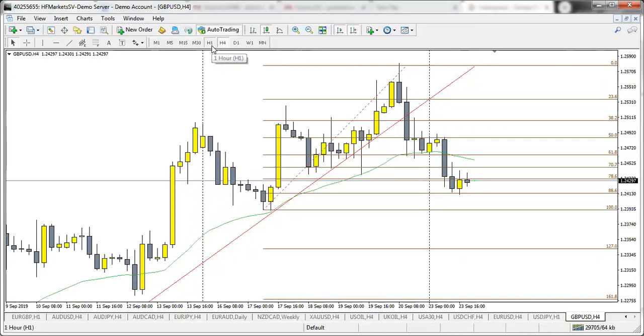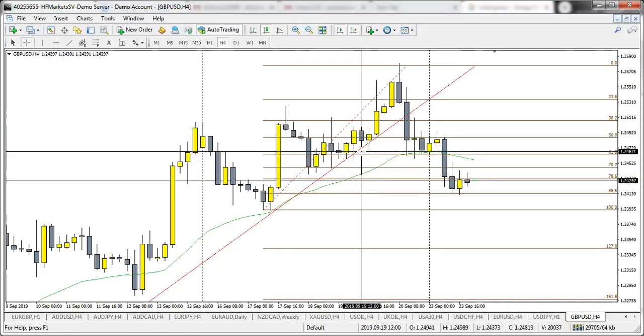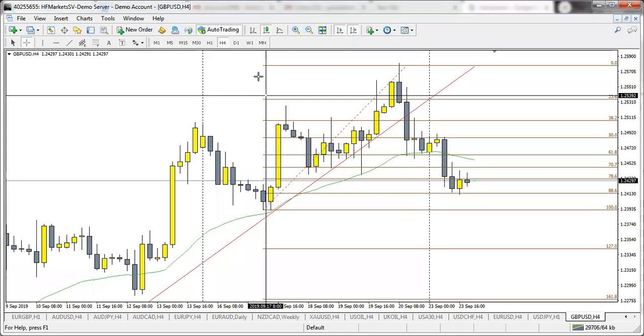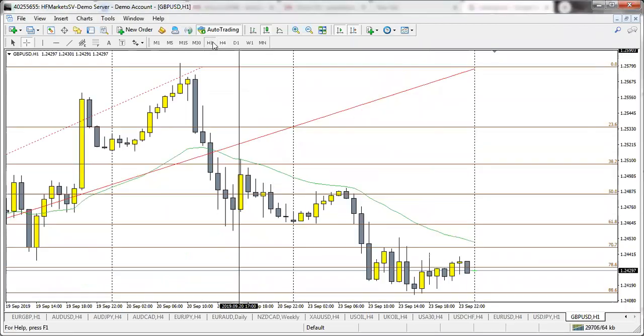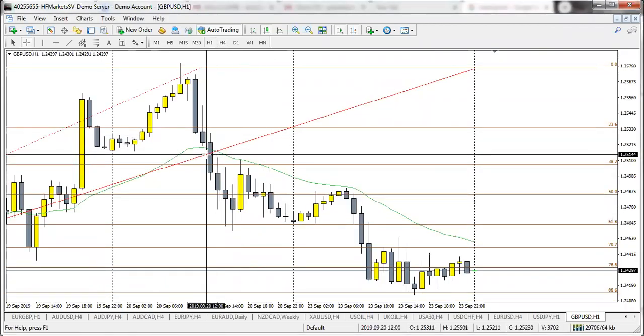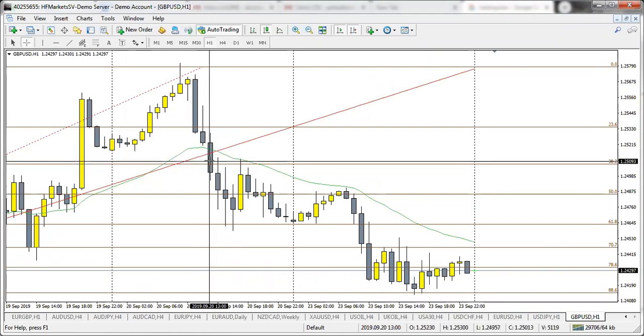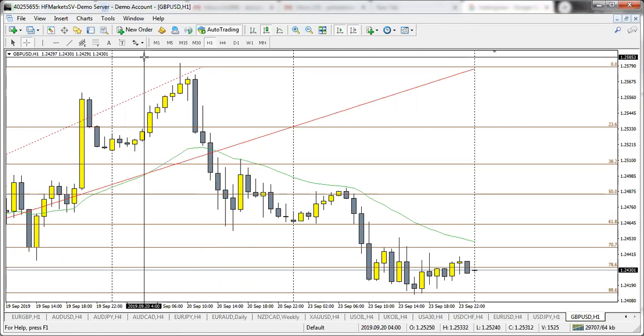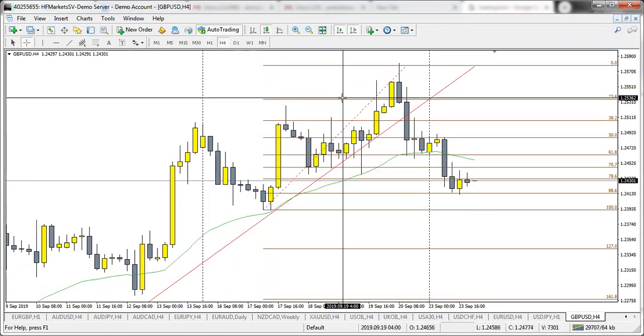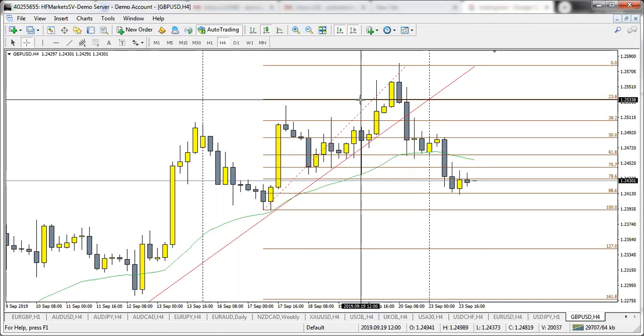Let's go to H1 and see what happened around that area. Let me check the time it happened so that we can trace that candle. So it happened around 12:00. So let's go to H1 and look for 12:00. Where is it? So 12:00 on weekday, 9:19.